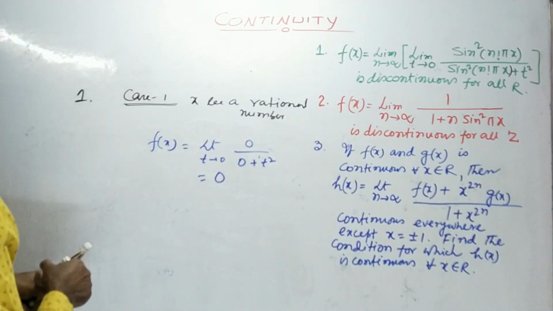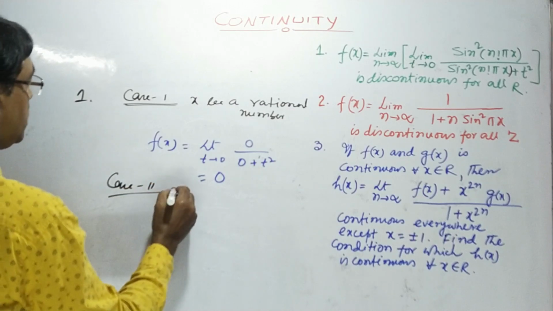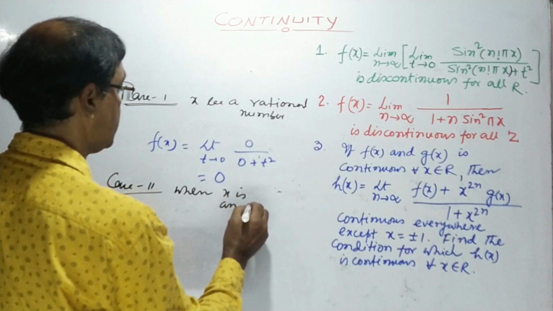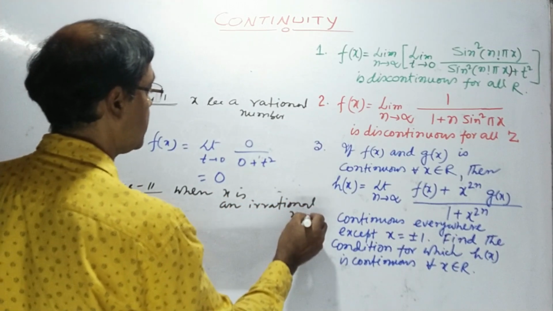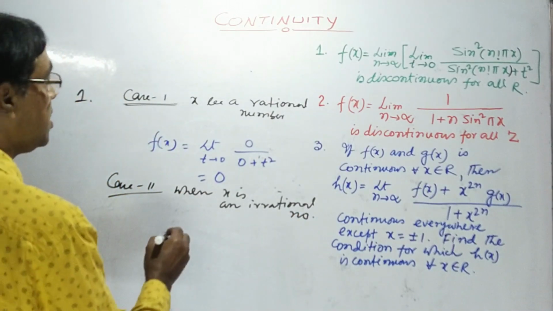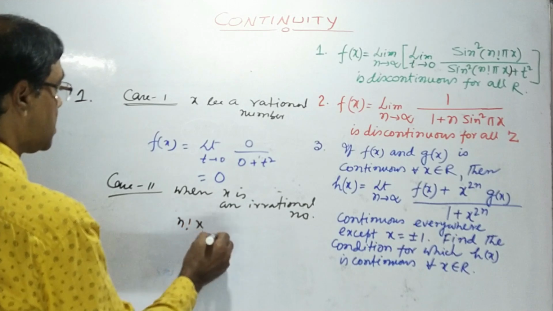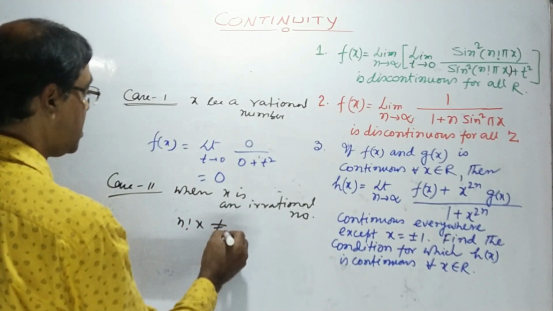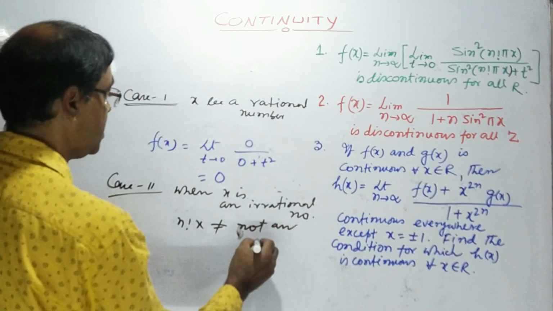Case 2: when x is an irrational number, then n factorial x is not an integer.